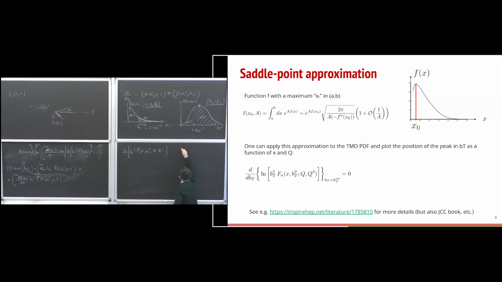And you will find that the saddle point will be a function of x and Q. So this function of x and Q is the solution of this equation, actually. And it's going to tell you, as a function of x and Q, if this number becomes large, so if the predictive power of the formalism is low or high.